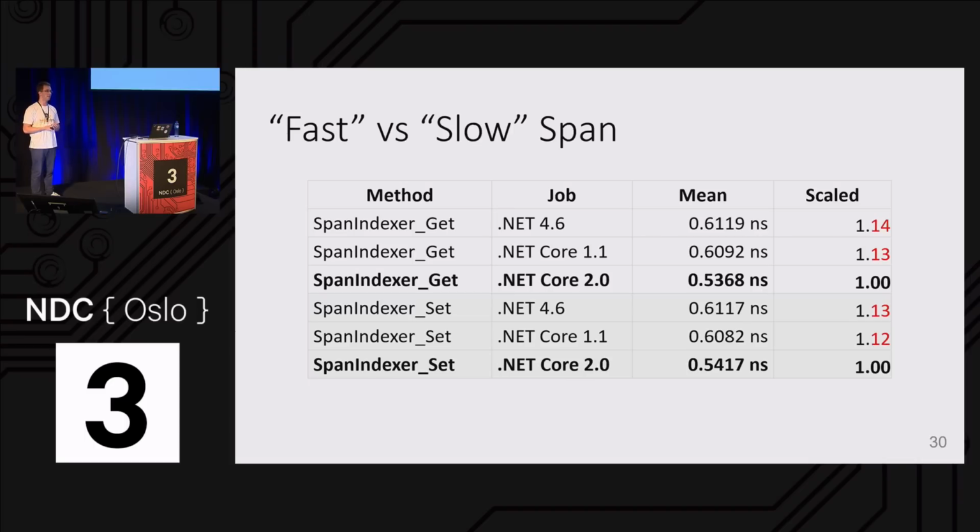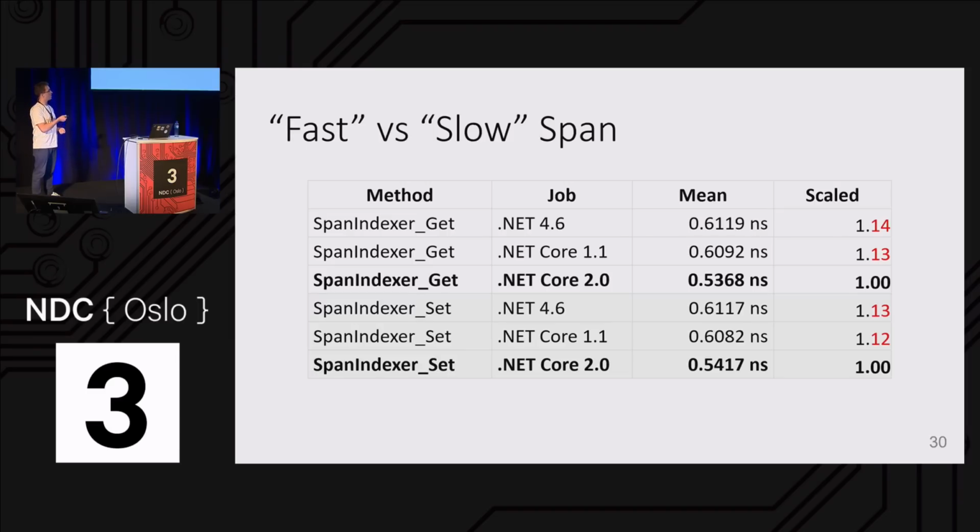I have decided to write some more nano benchmarks for you. And in my opinion, the most important part of span is the indexer getter and setter. Because what you are going to do with span all of the time, you will be just accessing the indexer, the values. So with BenchmarkDotNet, I was able to compare the version for .NET 4.6, for .NET Core 1.1, and for .NET Core 2.0.